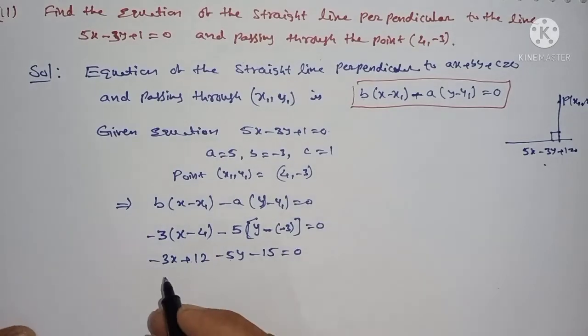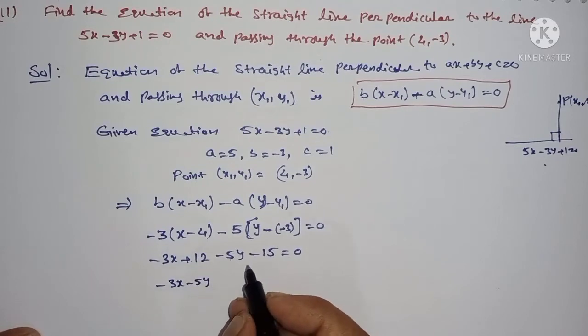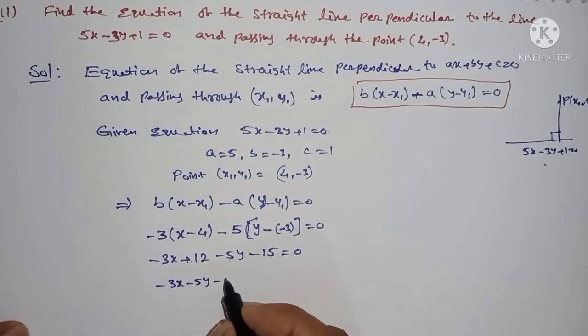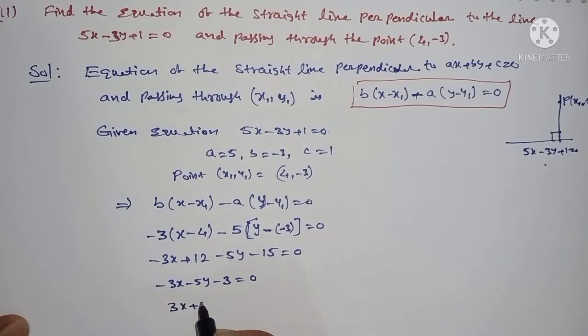Therefore minus 3x minus 5y plus 12 minus 15, how much is minus 3, is equal to 0. All the signs are minus, therefore you can simplify, you can take the minus common. What happens, that is 3x plus 5y plus 3 is equal to 0.